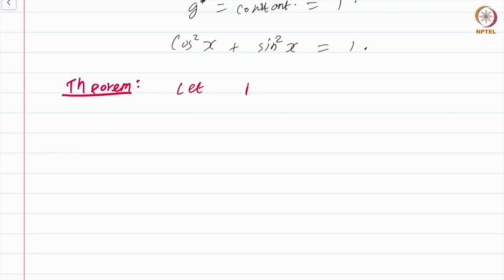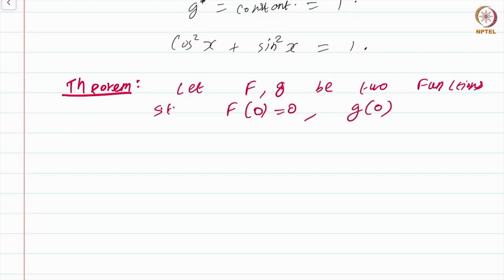Let f, g be two functions such that f of 0 equal to 0, g of 0 is equal to 1, and f prime is equal to g, g prime is equal to minus f. Just assume this much.